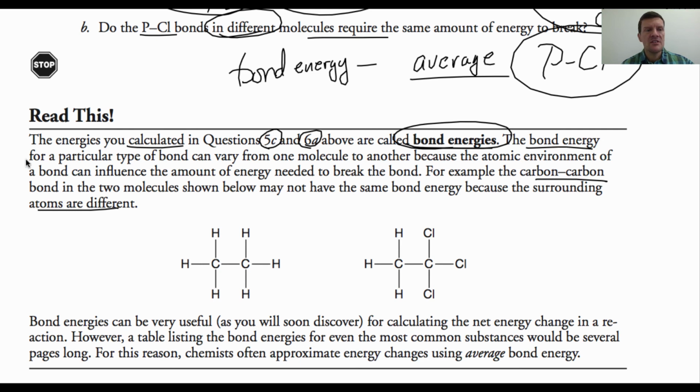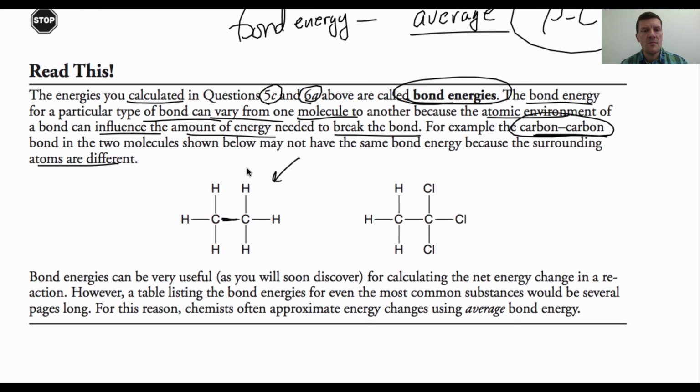All right, that's kind of what we say here about the bond energies. The bond energy for a particular type of bond can vary from one molecule to another because the atomic environment of the bond can influence the amount of energy needed to break the bond. So a carbon-carbon bond, for example, in this molecule, here you've got a carbon-carbon bond right here between those two carbons. The bond energy for this carbon-carbon bond might be different than the carbon-carbon bond here because it's surrounded by chlorines on the right side instead of all hydrogens.